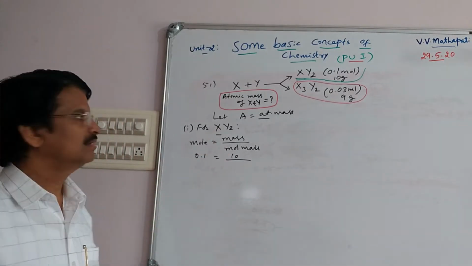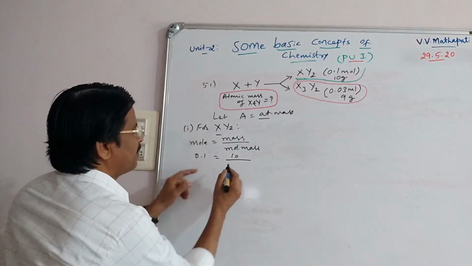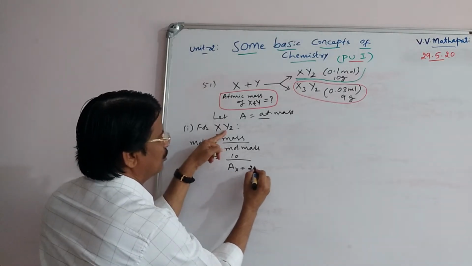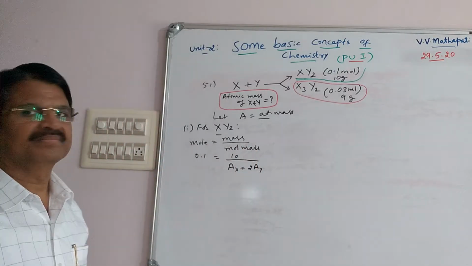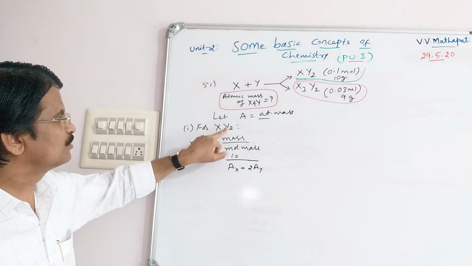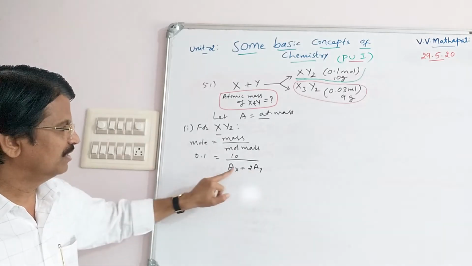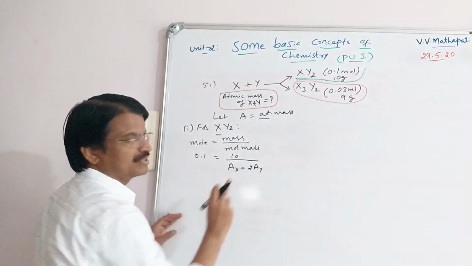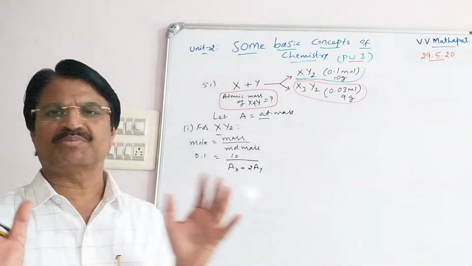I said A is the atomic mass, so the molecular mass is Ax plus 2 Ay: one atom of X, two atoms of Y. Molecular mass equals the sum of the atomic masses of all the elements present in one molecule.